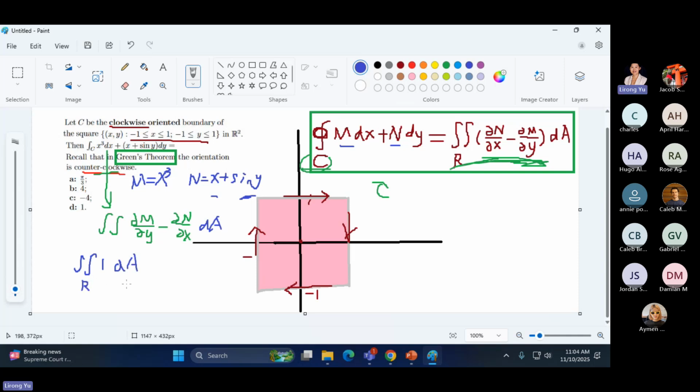So once you summarize it using Green's theorem, we realize it's just an integration over the integration region. So remember, the integral of 1 dA is really the area. And here we're looking at the area of a square. So identify what exactly this area is. The area will be our final answer to the question.